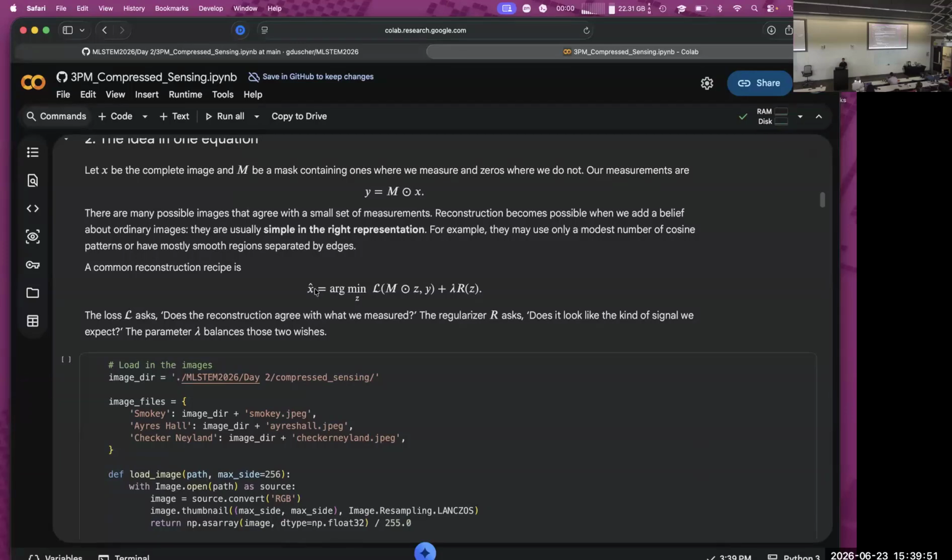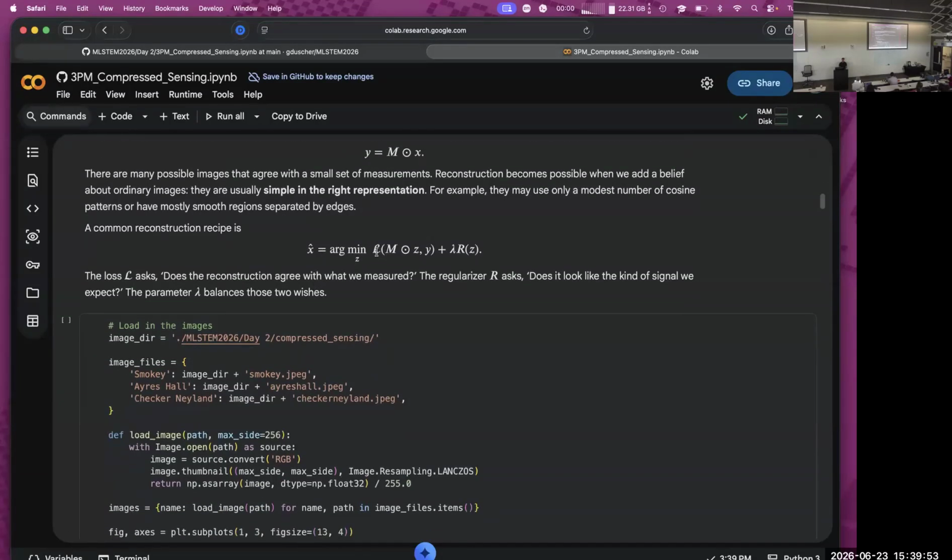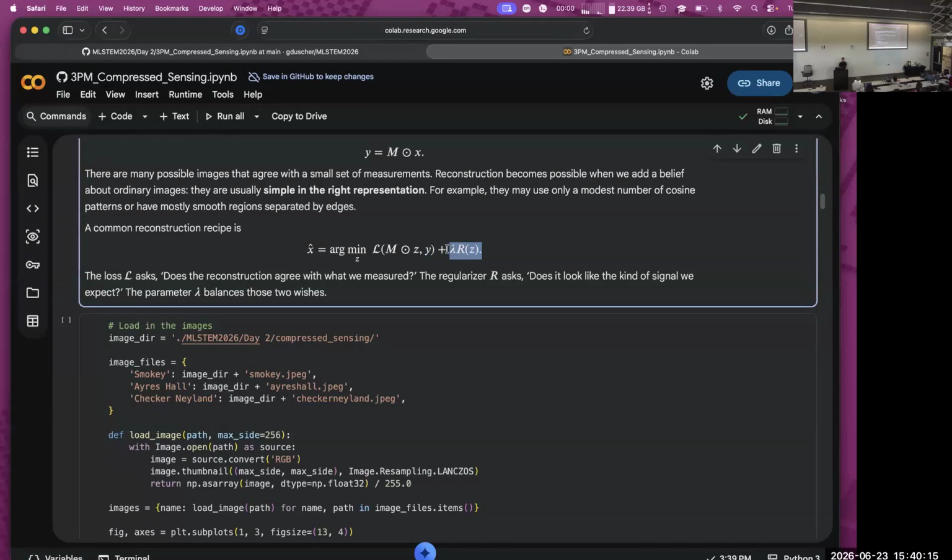And so to get that reconstruction x hat, you can use some loss function that measures over all possible images, let's call them z, and you're trying to minimize the loss. So find the image with the lowest distance from that image to the measured image, plus, you get to encode over here on the right some information about patterns that you expect to see in the image. And so that's where the choice of reconstruction algorithm really comes into play.